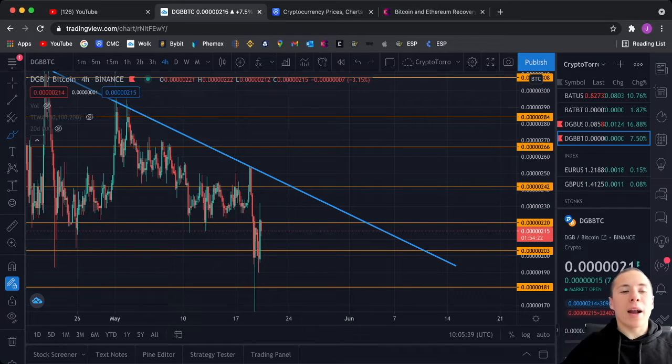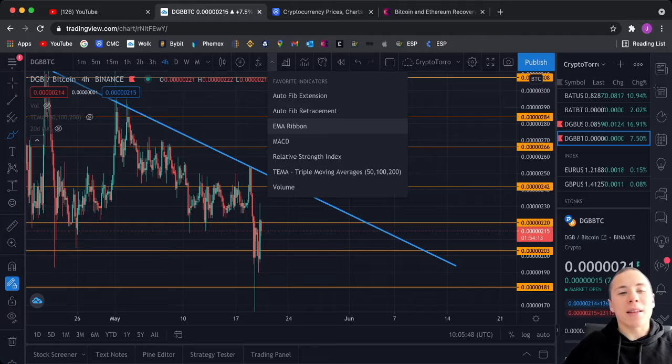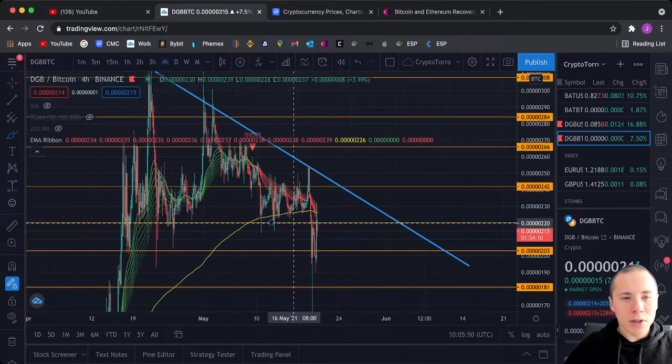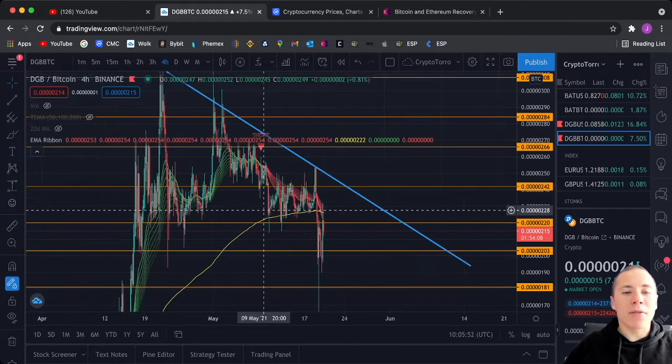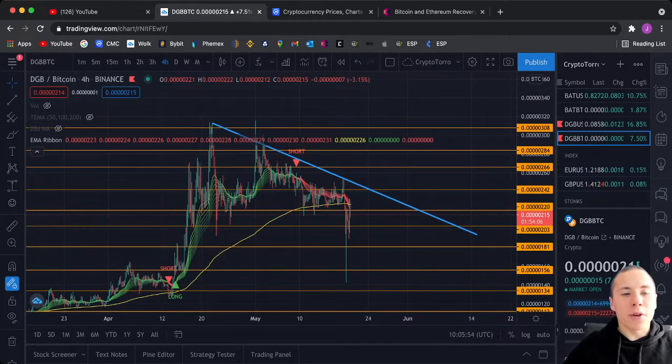That's of course where I'm looking right now, but what I wanted to show you as well is that the EMA ribbon does not look as good as the other indicators for the moment, because what you are seeing on the EMA ribbon is that after a very long period of time, for the first time we are seeing once again that the shorts are taking over the longs.